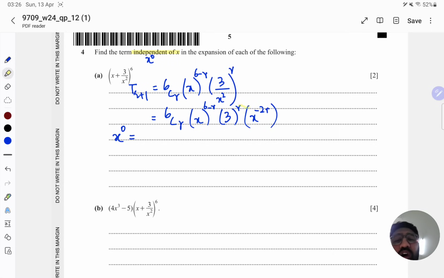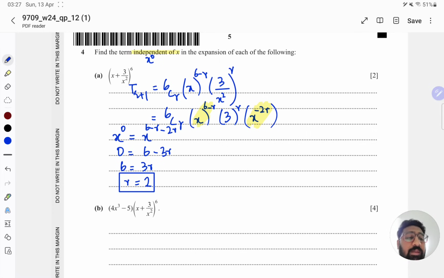So we will put all the terms which contain x on the right hand side, and we will put it equal to x power 0. So x power 6 minus r minus 2r. So 0 will be equal to 6 minus 3r, so 6 equals 3r, and the value of r will be 2. So when we have the value of r as 2, we will find a term which will be independent of x.